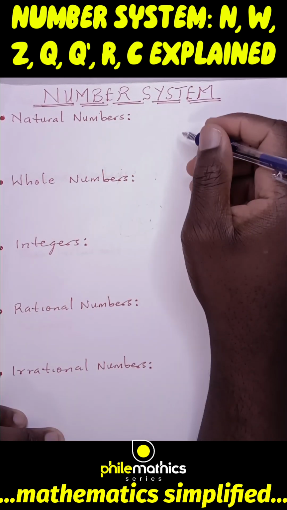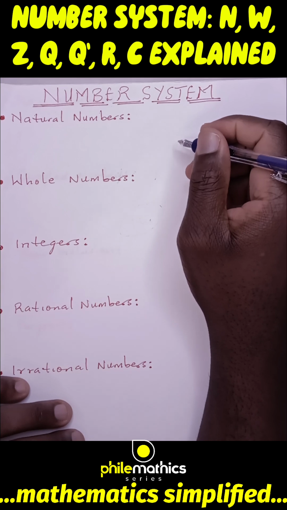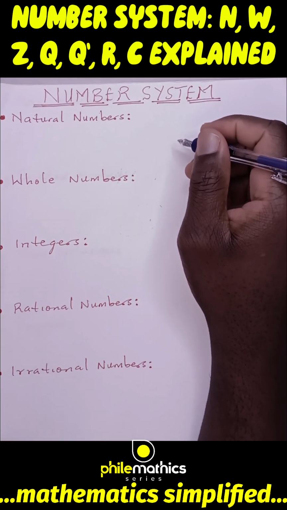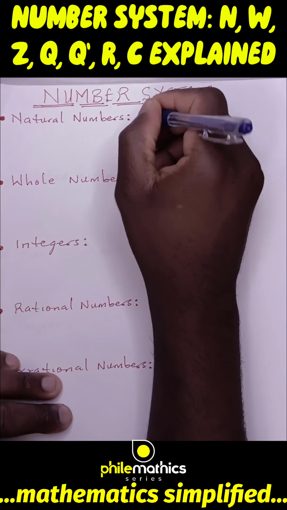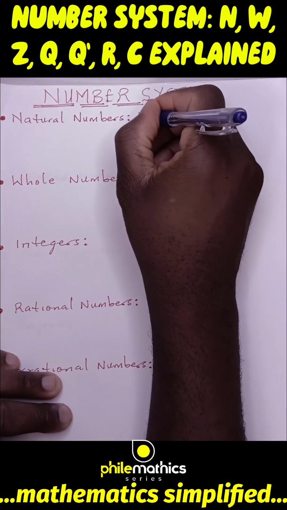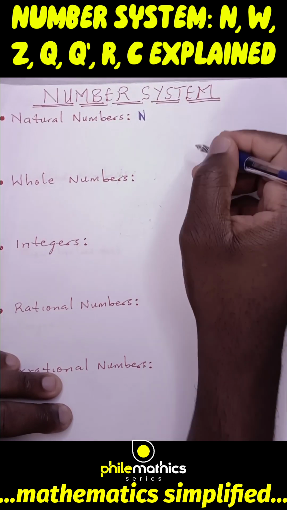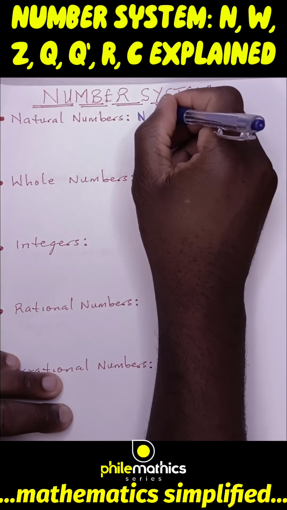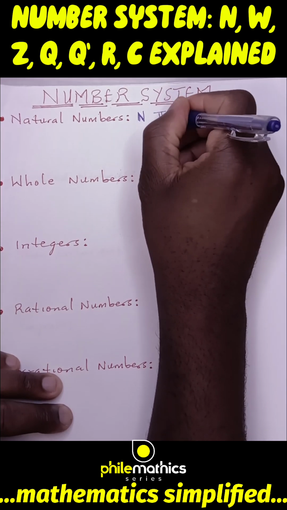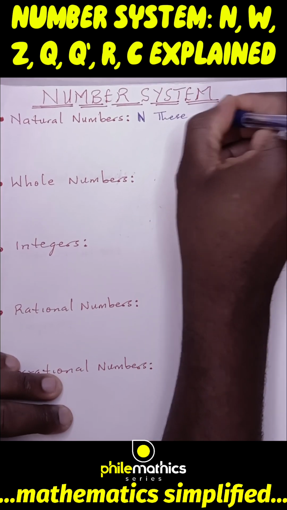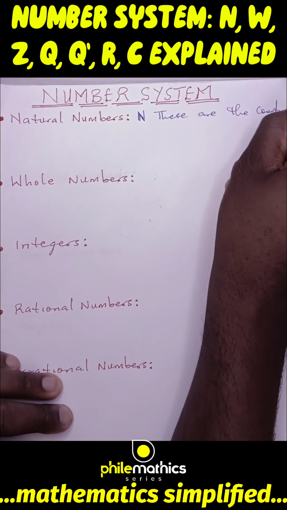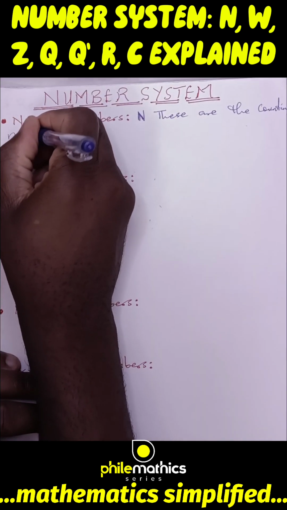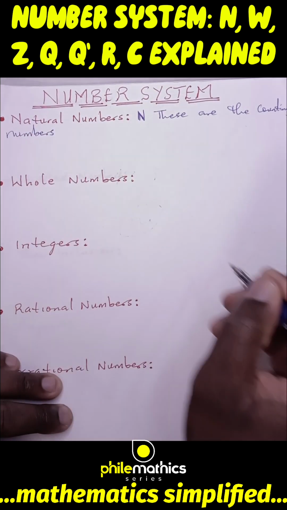I'm going to be making it as simple as possible to the layman. So the natural numbers, the symbol we use to represent the natural numbers is the capital N symbol. Write it like this. And the natural numbers, these are the counting numbers.